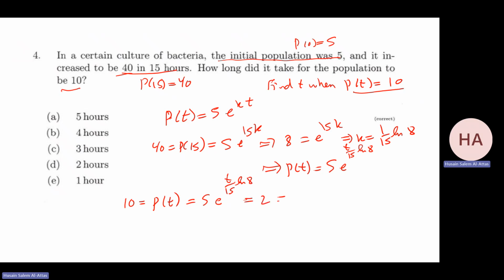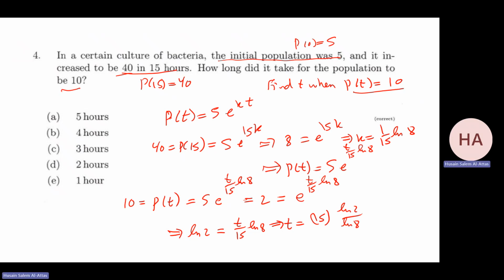So I have 2 equal, divide by 5, 2 equal e^(t/15 ln 8). Take ln, I have ln 2 equal t/15 ln 8. So what will be t is 15 ln 2 over ln 8.